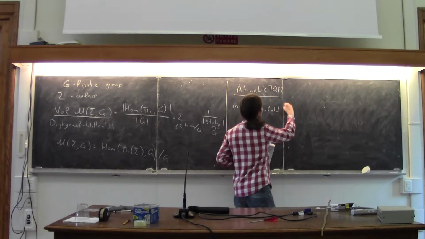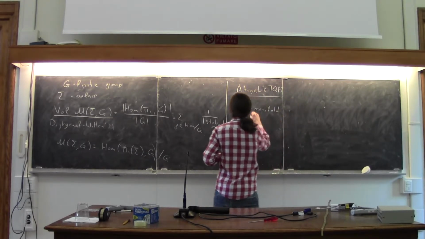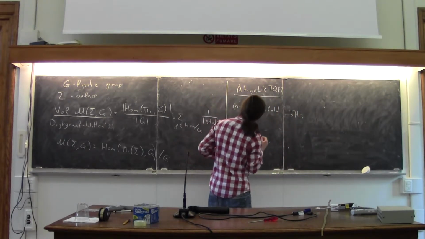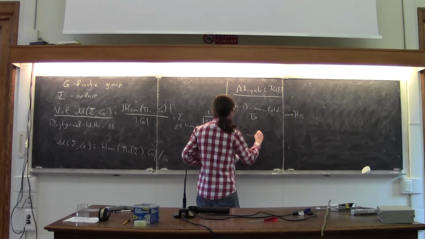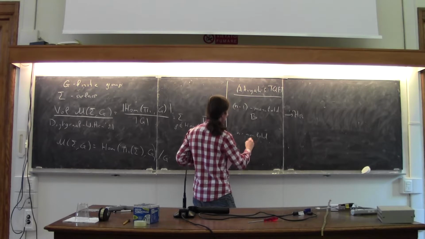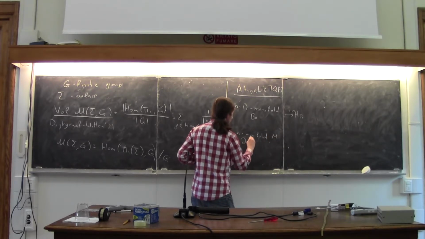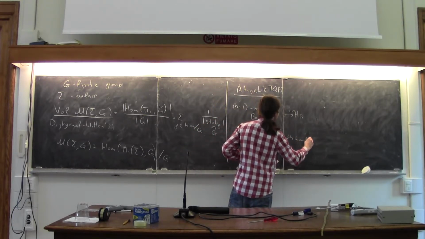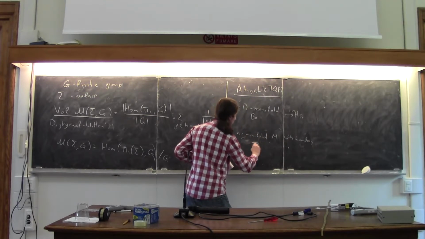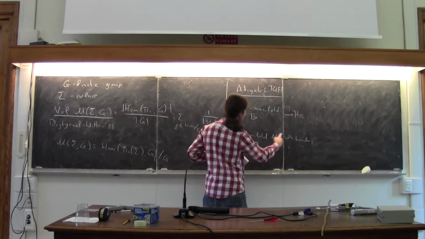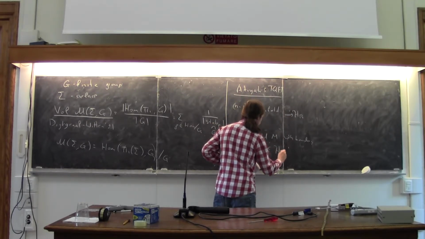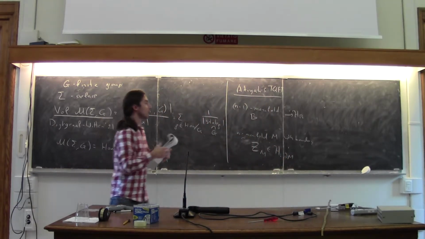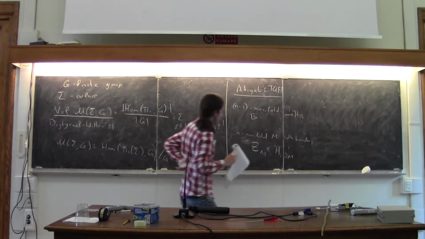I should associate some space of states, and for an n-manifold with boundary I should construct the partition function Z of M, which should be a vector in the space associated with the boundary.